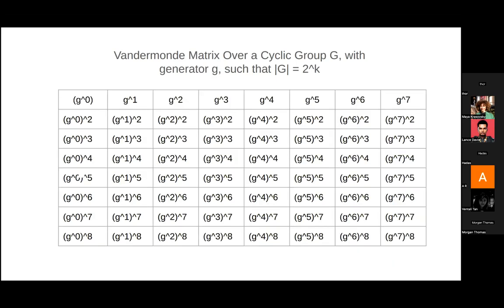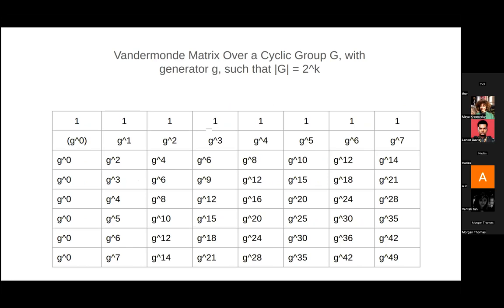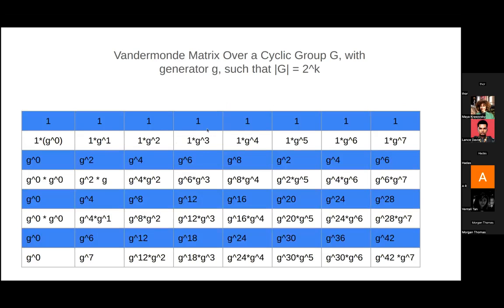Now what I've done is combine the powers. If you take g to the power of 3 to the power of 2, you get g to the 2 times 3. And now what we can do is split up the even and odd rows of the Vandermonde matrix. For example, the top row is as it was.